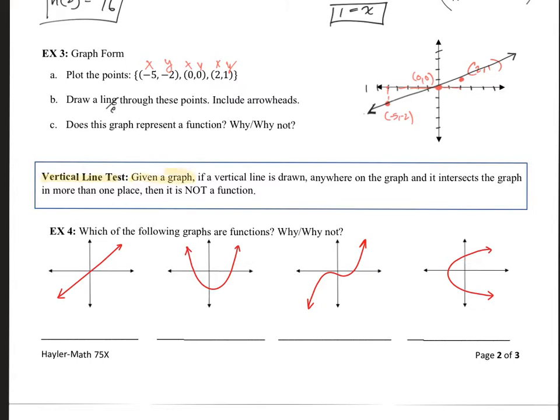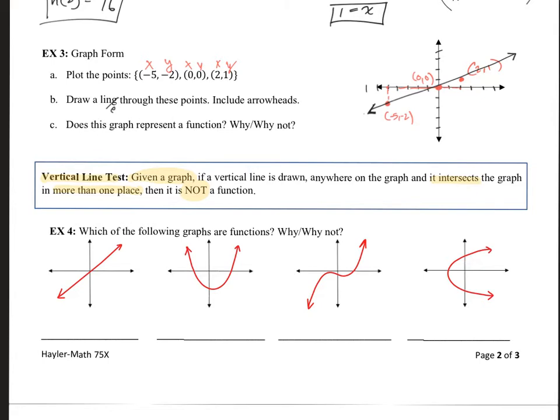If you're given a graph, which we are, huzzah, if a vertical line is drawn anywhere on the graph and it intersects the graph in more than one place, then what? And it's not a function. Okay, so a vertical line, remember, what are vertical lines? Well, vertical lines are like this.